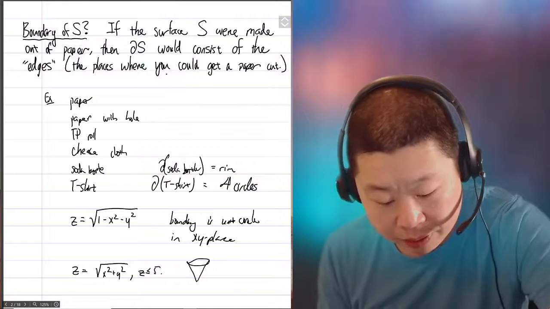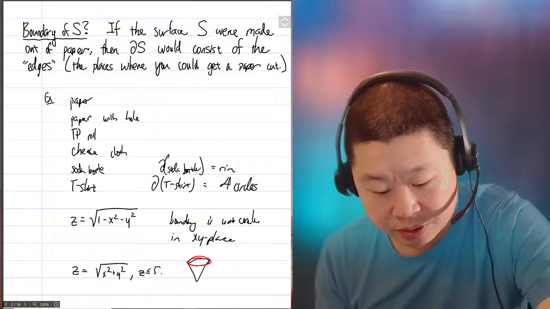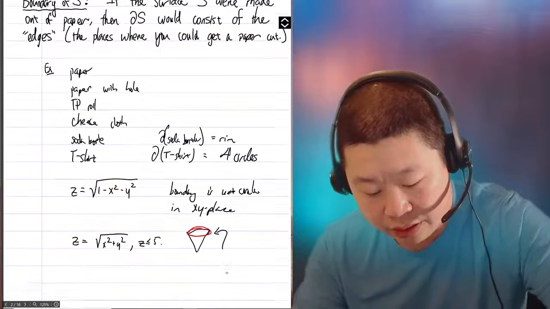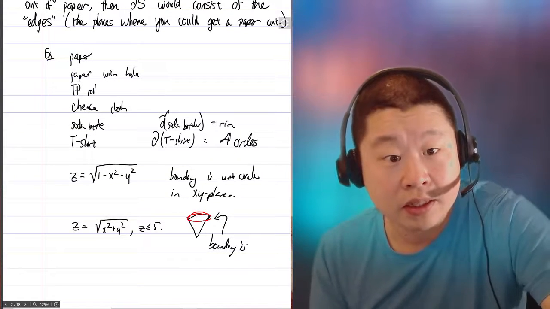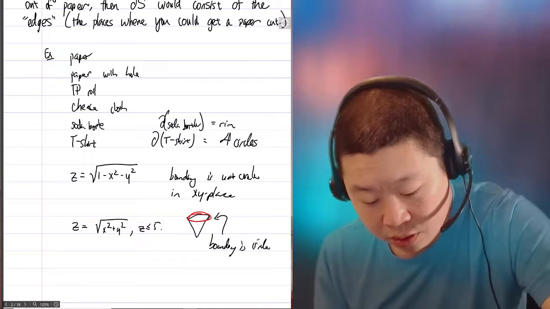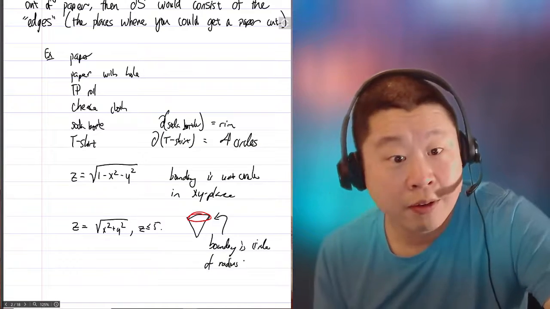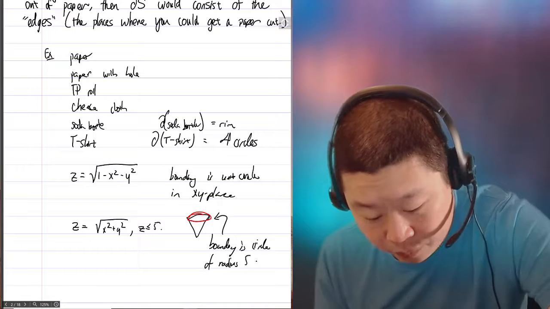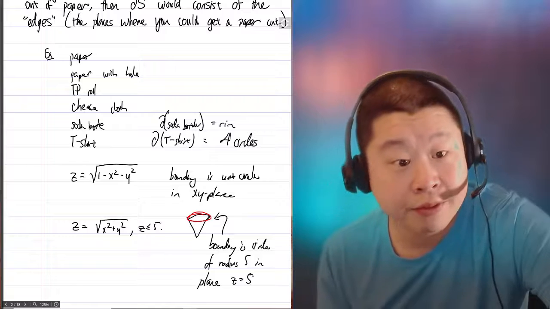And then the boundary in this case is this circle at the top. So the boundary is a circle of radius 5 in the plane z equals 5.